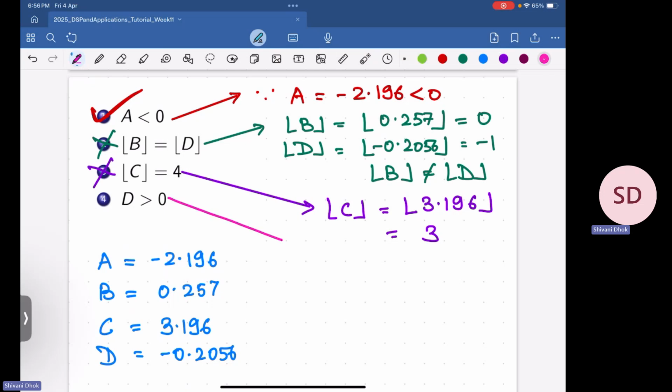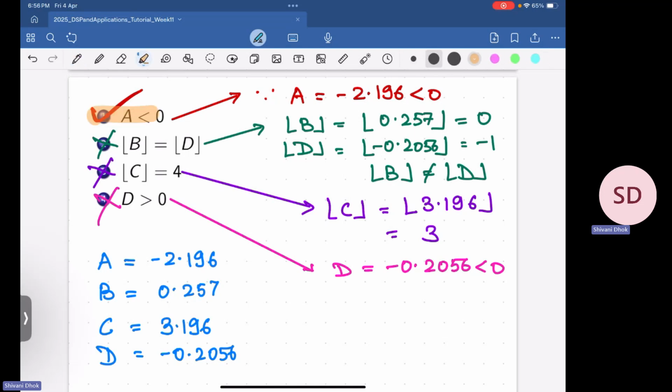Here we have d equal to minus 0.2056, which is less than 0. So this option is also wrong. The only correct option that we have is the first one, that is a is less than 0.